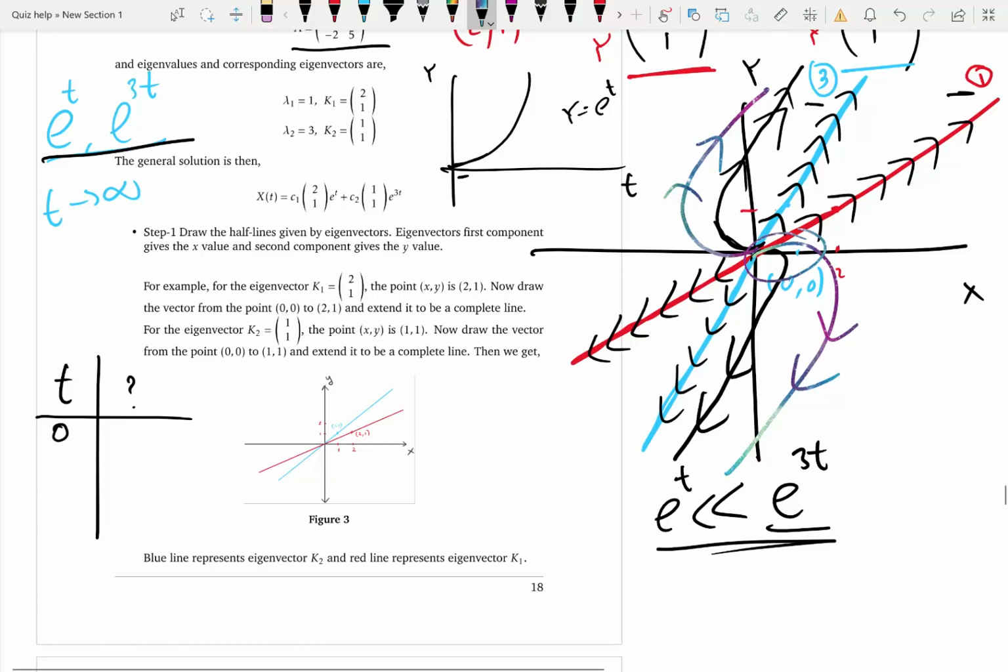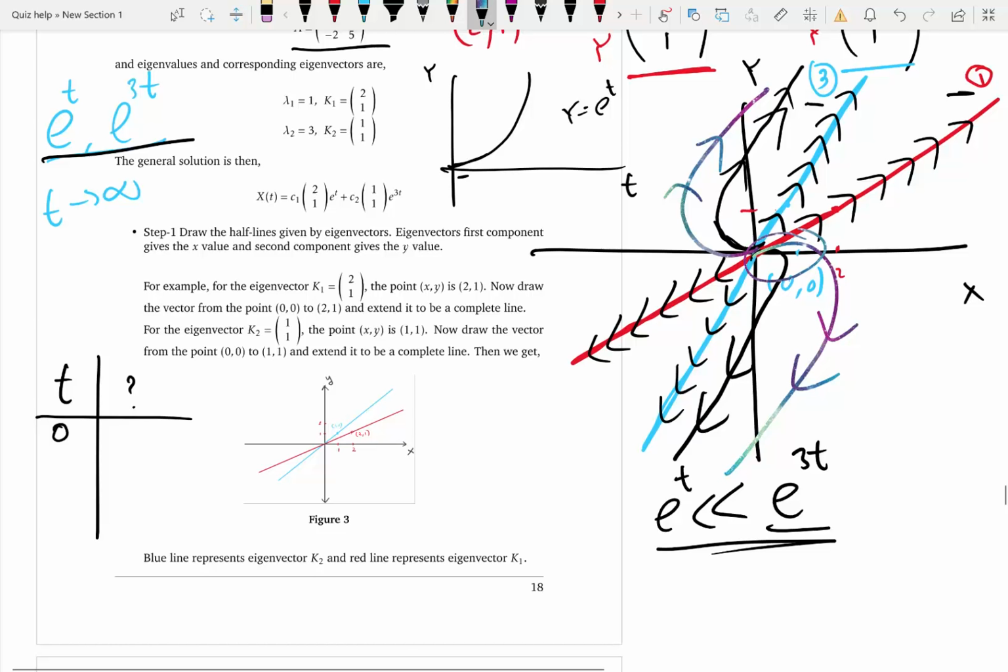Now we have to discuss the stability of this equilibrium point before we stop. Is it stable, unstable or semi-stable? Unstable. This equilibrium point is unstable because you move away from it. We also say this equilibrium point is a repeller, which makes sense because it pushes everything away.